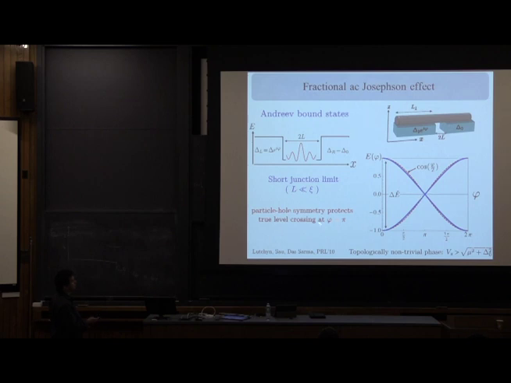This true level crossing is protected by the symmetry, and so one cannot open a gap in the spectrum here. And therefore, one should think that this level extends from 0 to 2 pi, and then we need to go another 2 pi to go down and return to the same position. So that's basically the 4 pi periodic Josephson effect.